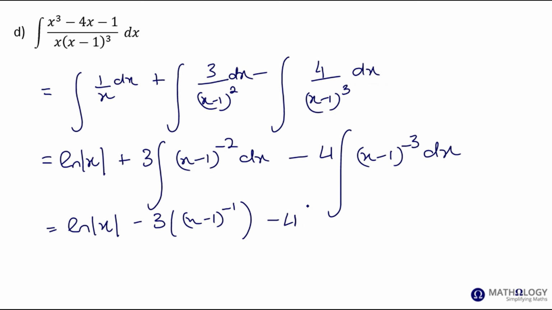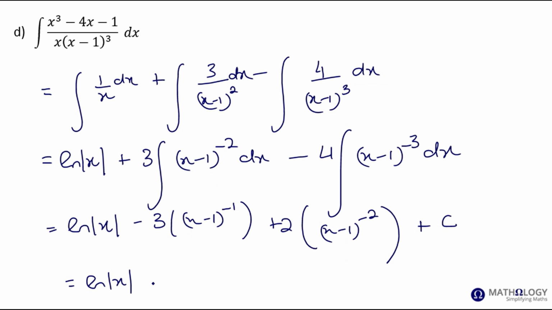Then we'll have minus 4 times x minus 1 to the power of minus 3 plus 1, which will be minus 2, and then we're dividing by negative 2 plus c, and then negative 4 divided by negative 2 is plus 2. So that equals ln x minus 3 over x minus 1 plus 2 over x minus 1 all squared plus c, and that's the final answer.